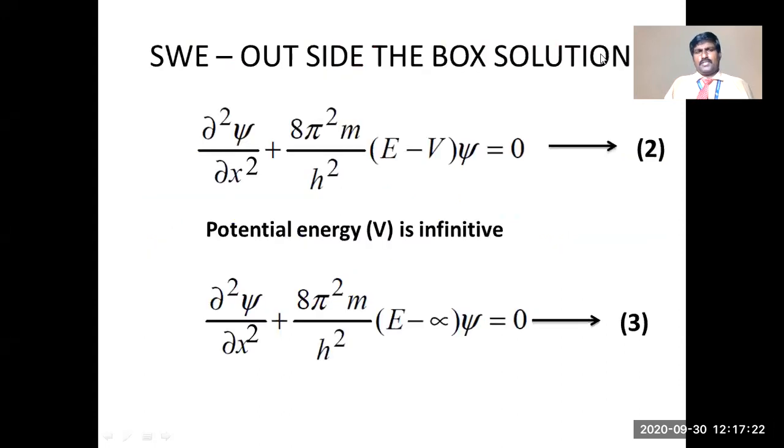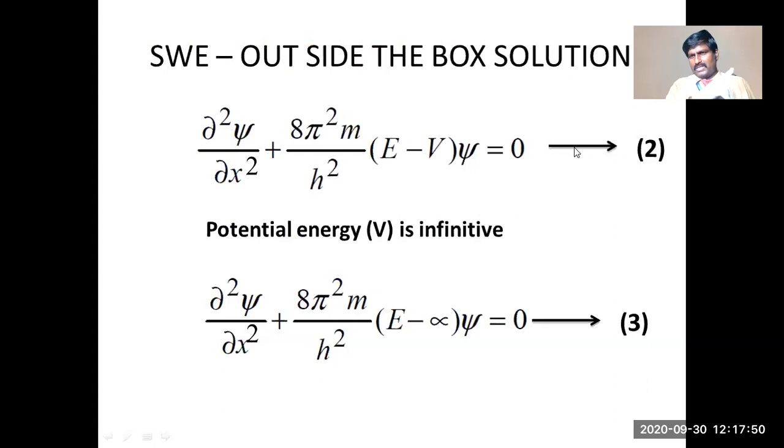Let us see first the solution for the Schrodinger wave equation outside the box. This Schrodinger wave equation is this one. E is the total energy of the electron, and V is the potential energy. Dou square psi by dou x square plus 8 pi square m by h square into E minus V into psi equal to 0.